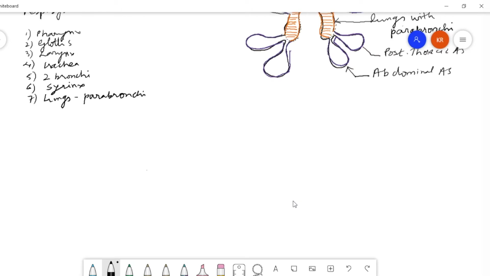Let us list down the different air sacs. So we can say that there are 9 of them. That means there are 4 pairs plus 1.